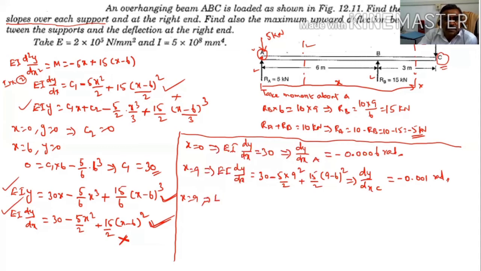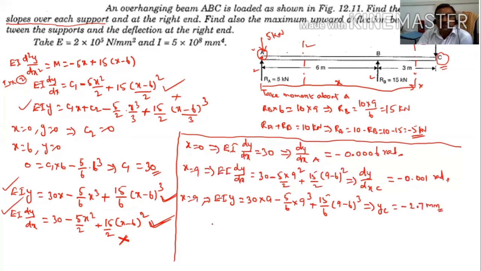That is EI into y is equal to 30 into 9 minus 5 by 6 into 9 cube plus 15 by 6 into (9 minus 6) the whole cube. From this you will get y at C, which is equal to minus 2.7 millimeters.